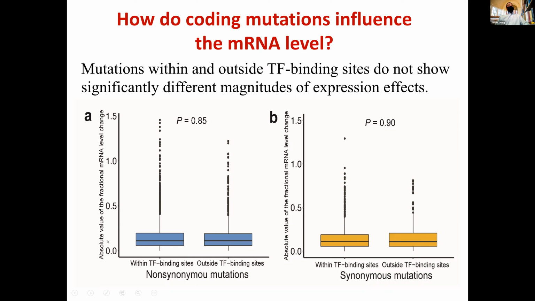The y-axis is the absolute value of the fractional mRNA level change caused by the mutation. We don't see a significant difference for both non-synonymous and synonymous. So that indicates that the reason coding mutations affect mRNA level is probably not through affecting TF binding.